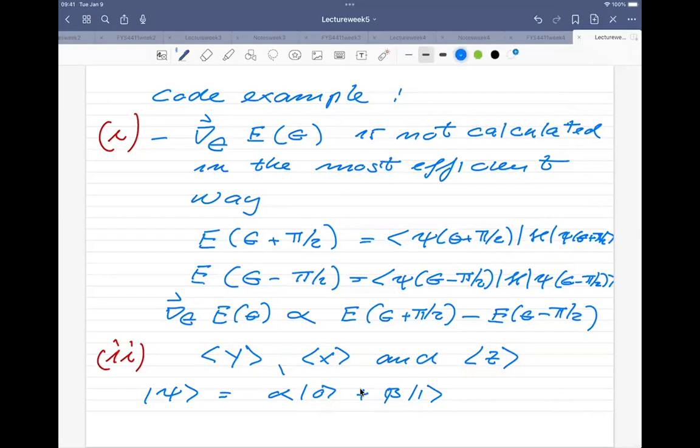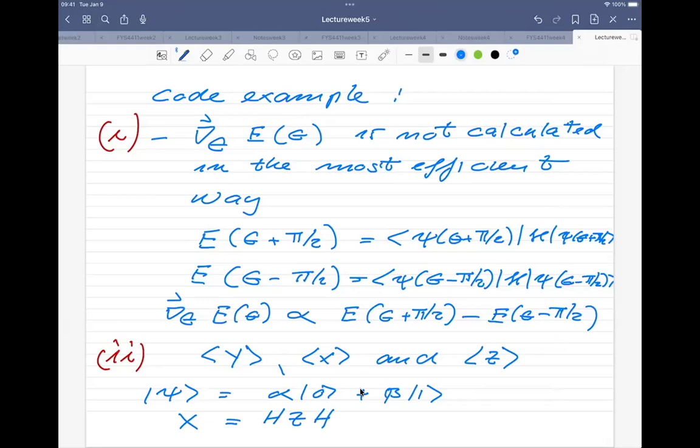So that means that in order to perform the measurement on, for instance, the Pauli X matrix using the computational basis, we would have to rewrite the Pauli X matrix, as we discussed last week, in terms of a Hadamard matrix times a Pauli Z times a Hadamard matrix.